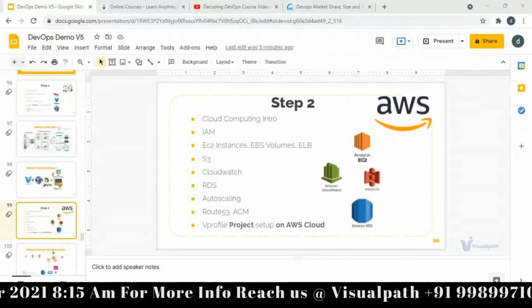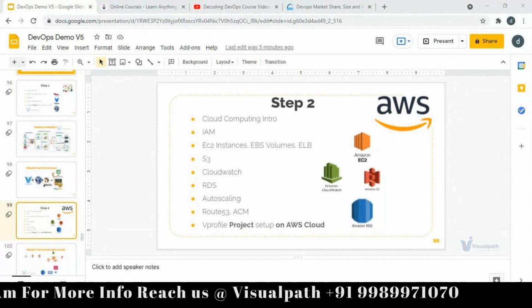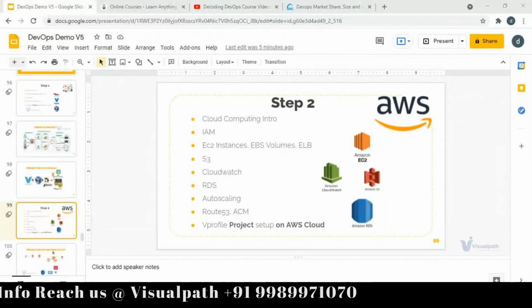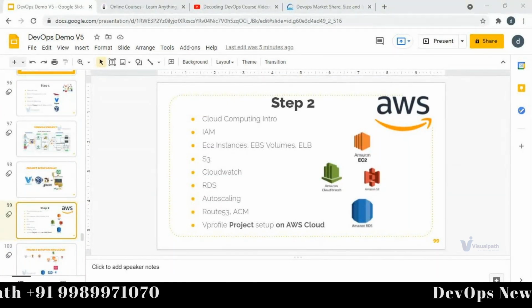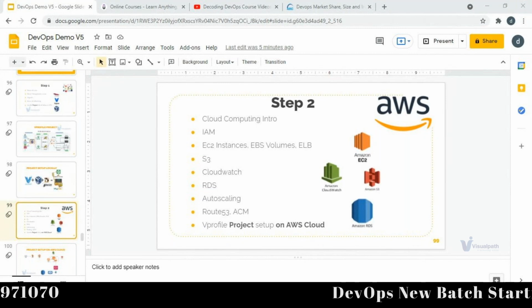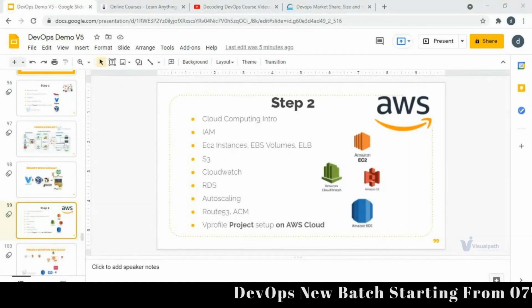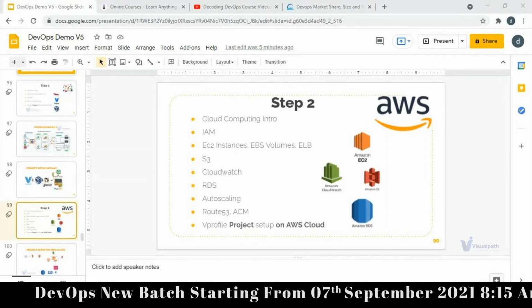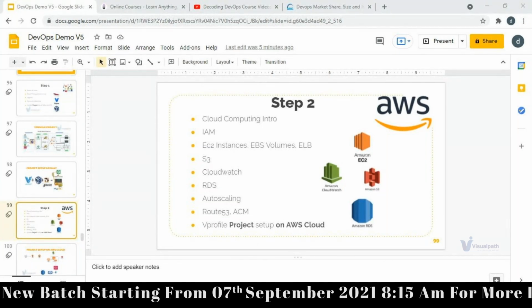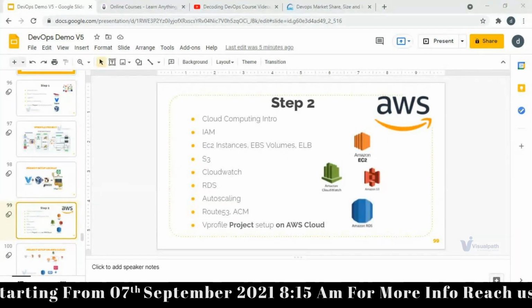Whereas if you start your cloud journey from Azure, it will be difficult for you to learn other tools and technologies. AWS is vast in features, and there are many things that you need to tweak and change. As we say, Microsoft is very user friendly, but here we need to get under the hood and learn many things.